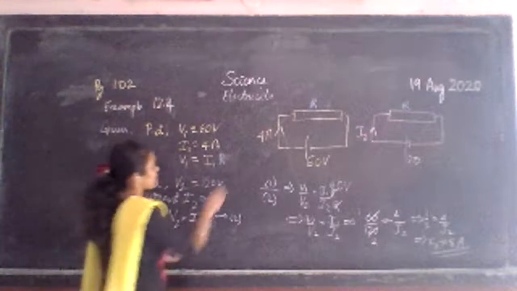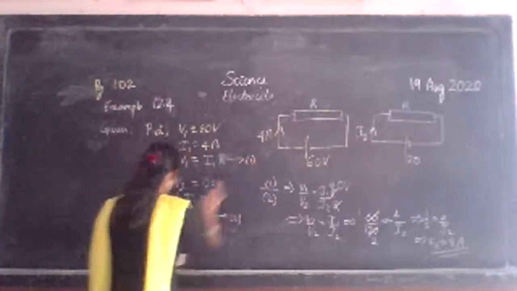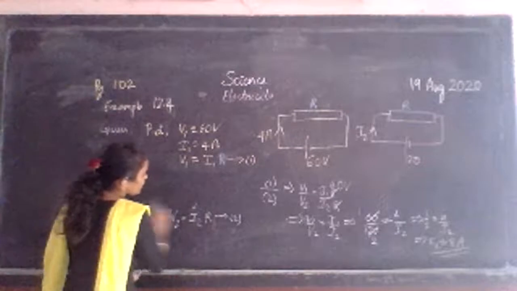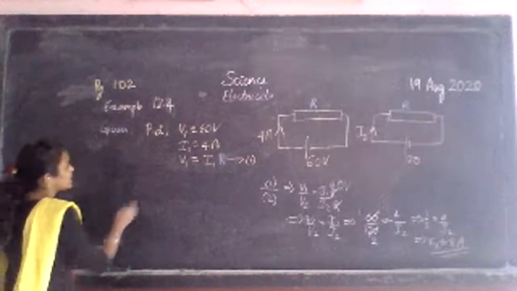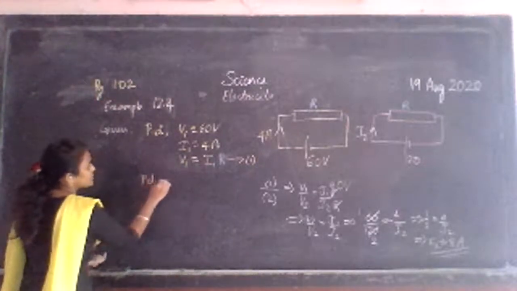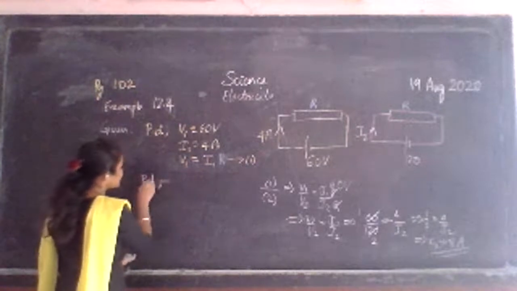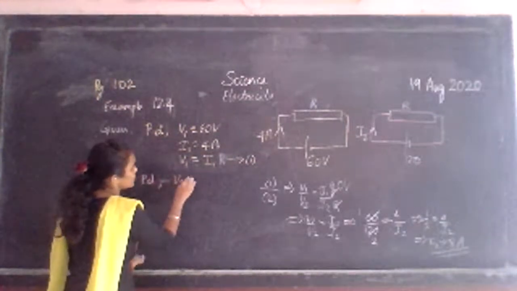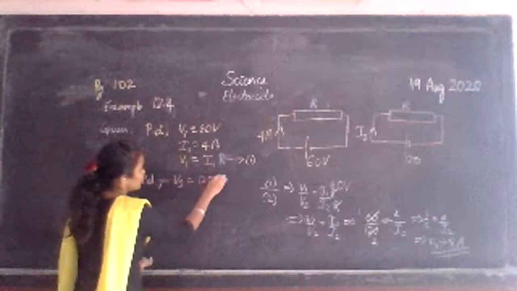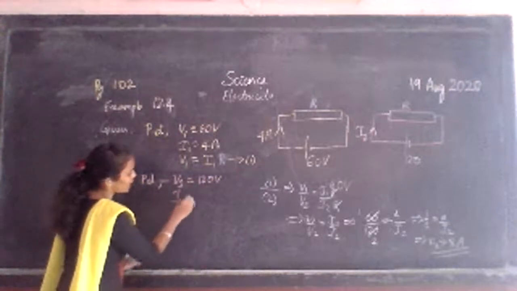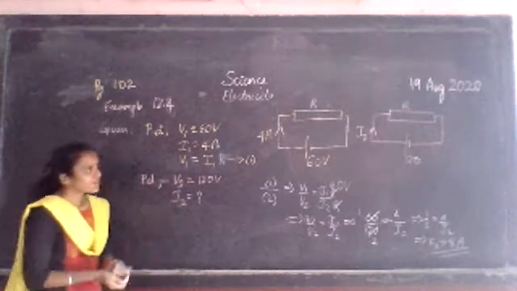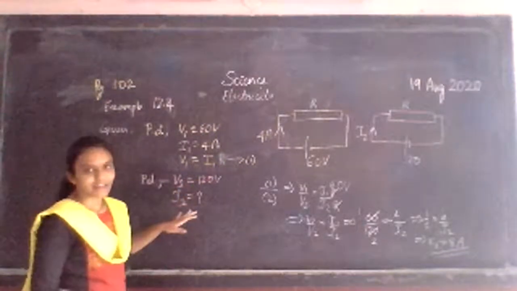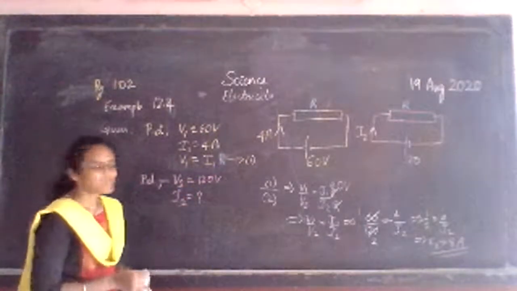Let this be equation number 1. Now in the second case, potential difference V2 was equal to 120 volts. Then the current you had to calculate.